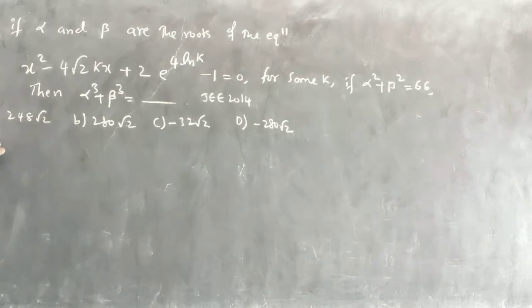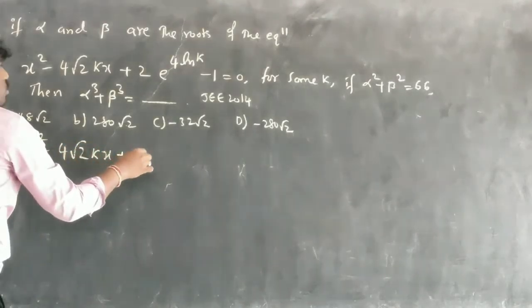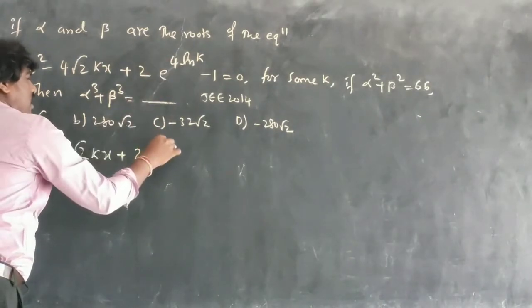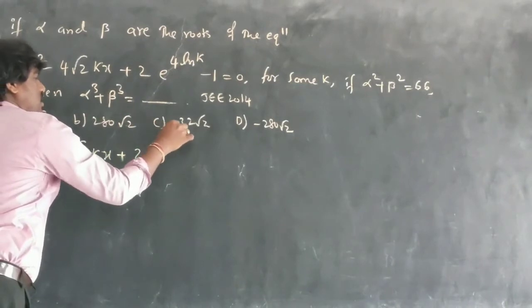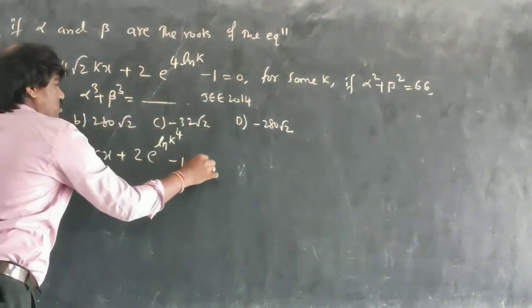How to simplify this? This can be written as x square minus 4 root 2 times kx plus 2 times, I can write e raised to the power of ln, and this 4 can be taken up using the property of logarithms, and minus 1 is equal to 0.